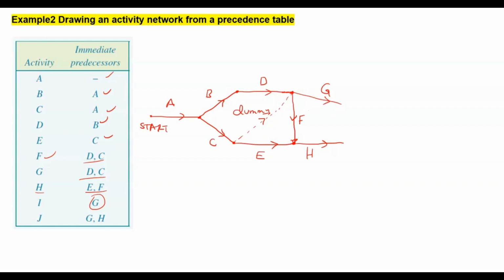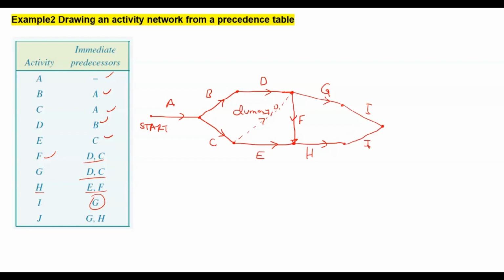Remember that a dummy doesn't have a weight, and that matters if you were to find a critical path. Now activity I happens right after G, which is somewhere there. Then we have activity J, which is after H, somewhere there.